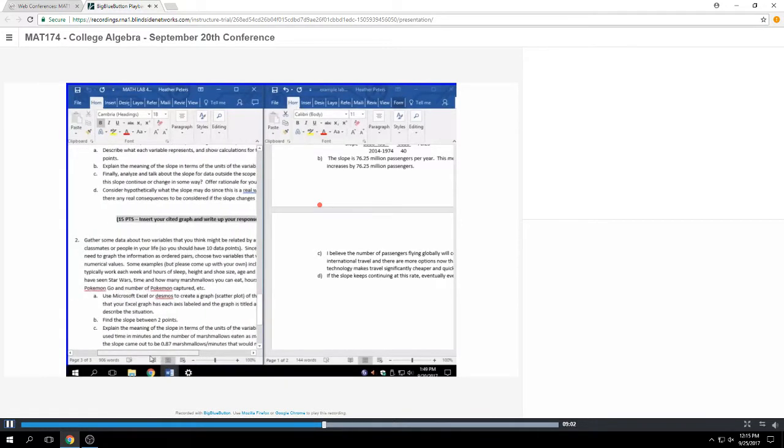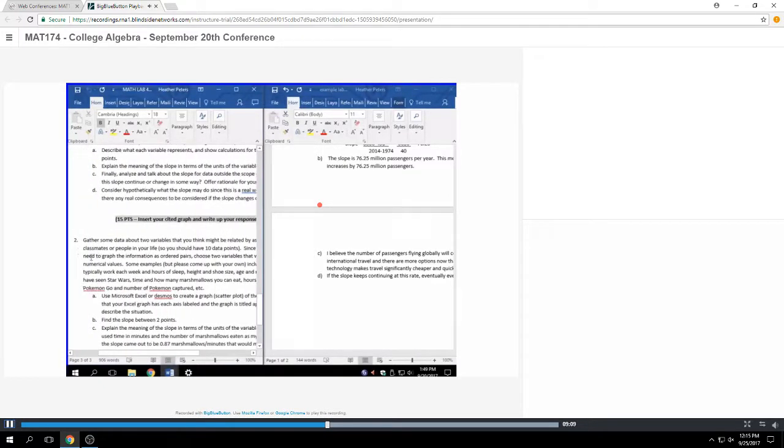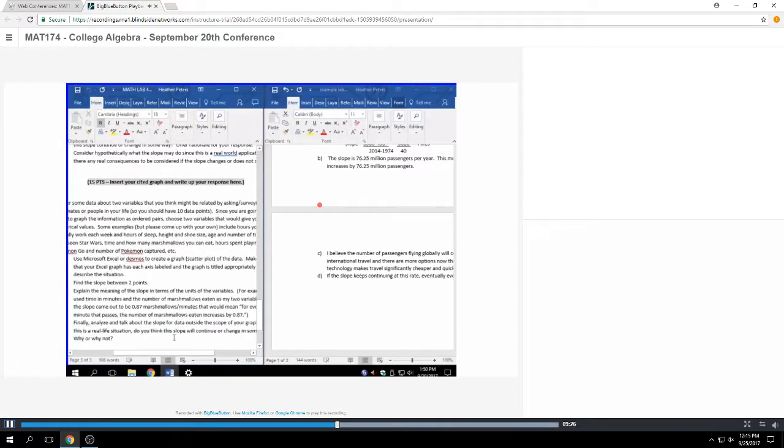And then we're going to graph the information as ordered pairs. Choose 2 variables that would give you numerical values. I wouldn't use something like my name and my shoe size because my name is not a numerical value, but I could use my height and my shoe size because both of those are numerical. I have some examples listed here that you could take a look at if you'd like.